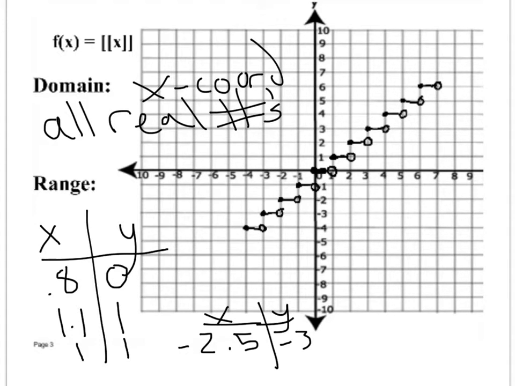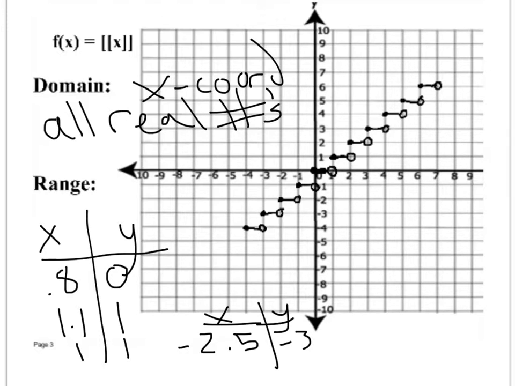Could 9 be included in this function? Yes. Could 9.9? Yes. So all real numbers. It continues going in both directions and includes every x coordinate, so that's why it's all real numbers.